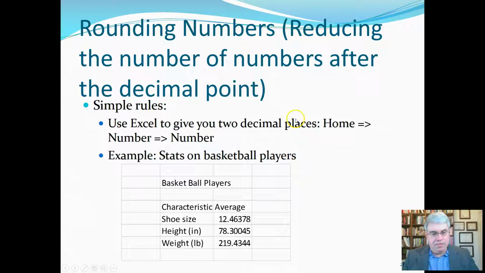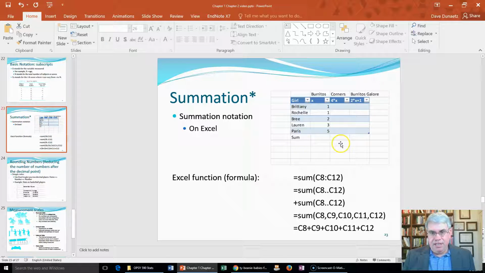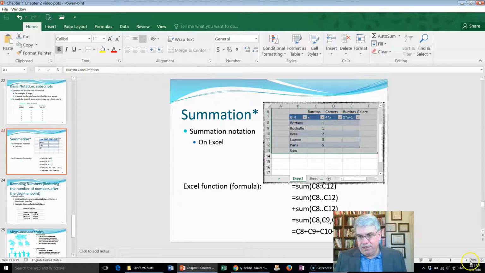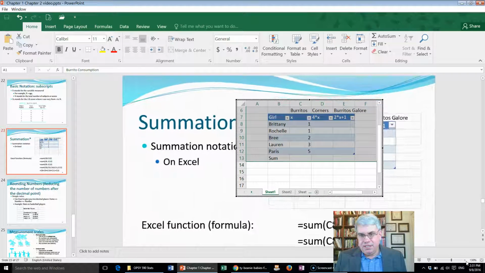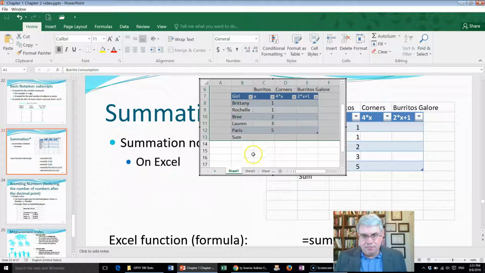Okay, let me get back there. Let me enter into Excel here. I'm double clicking on this file and PowerPoint turns into Excel. So let me get it a little bit bigger. Okay.